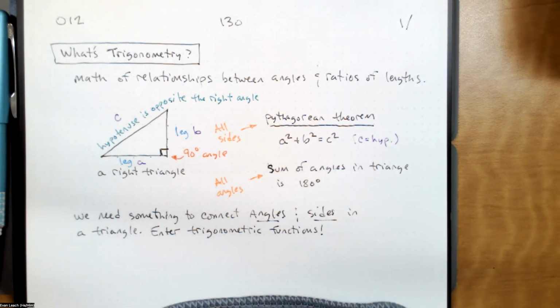Trigonometric functions are going to be something that we can use to connect the angles in a triangle to the sides of that triangle. We're going to start by introducing trigonometric functions in a right triangle. We're going to start by just using a right triangle. Let's write down what they are.